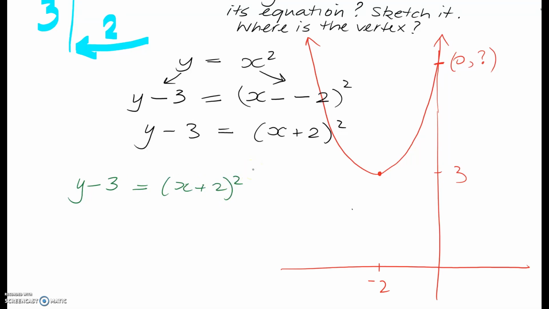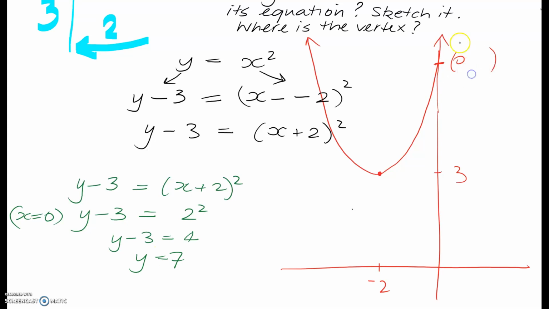Let's put x is 0 in. So this is x equals 0. So that's going to tell me that y minus 3 is 4, so that means y is 7. That must be 7 then. So that's the point there, 7.